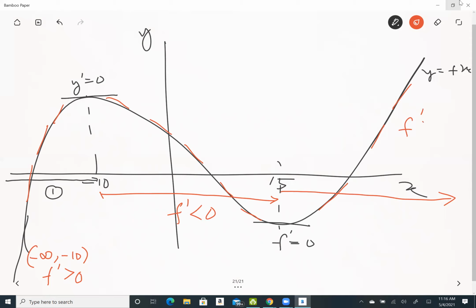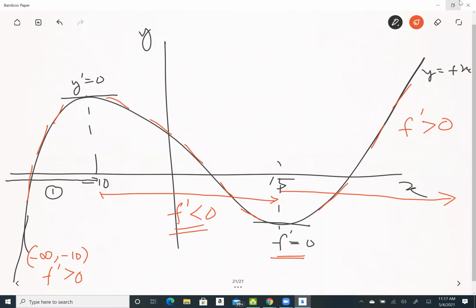More than 0, positive. So as I said earlier, the breaking down of the interval will be where f prime equal to 0. And then you break out into intervals. It can be 3 intervals, it can be 2 intervals, it can be 4 intervals. And then for each of the intervals, you have to determine what is the behavior of f prime. Is it negative or is it positive?